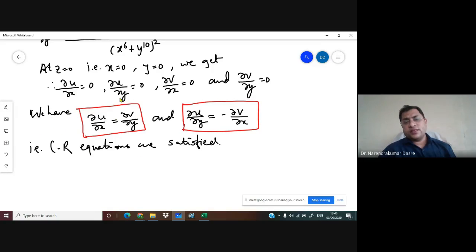Now we have to test the continuity of this. So the question is, are we able to test the continuity? What do you think, will this function be continuous?